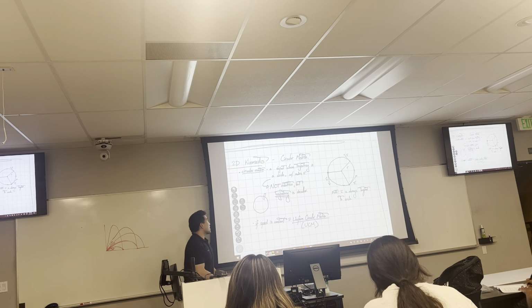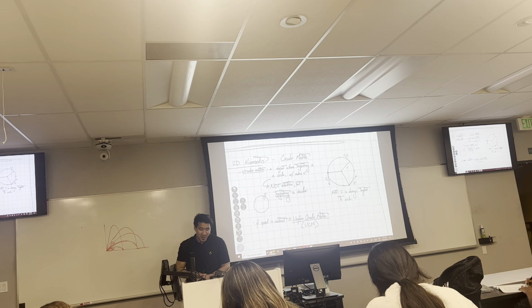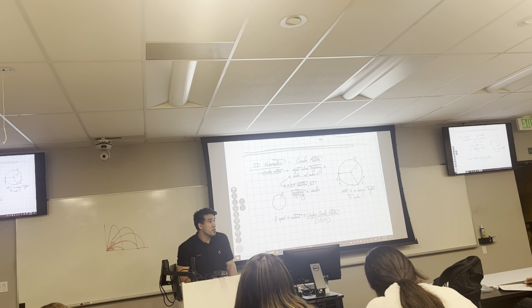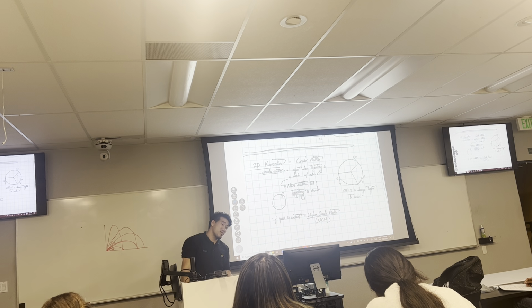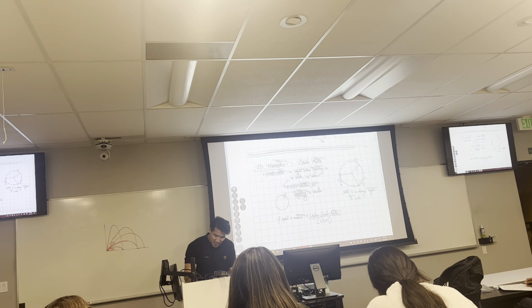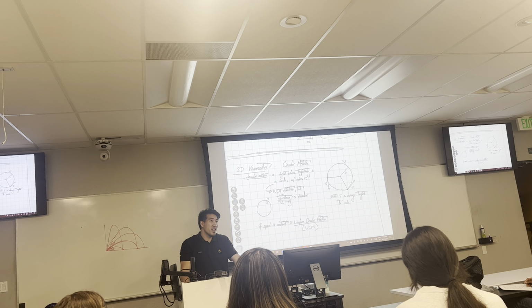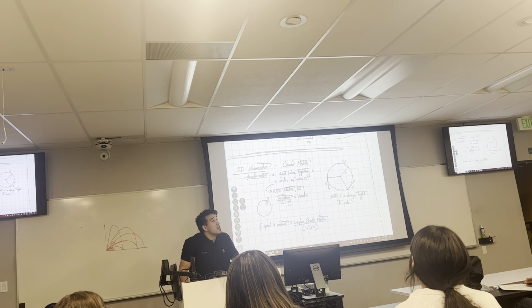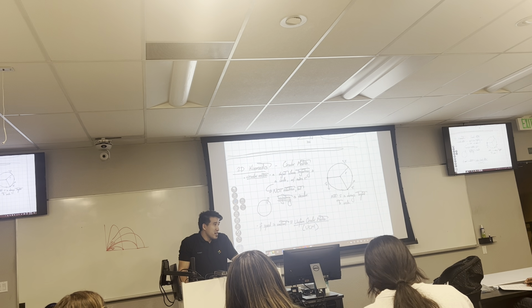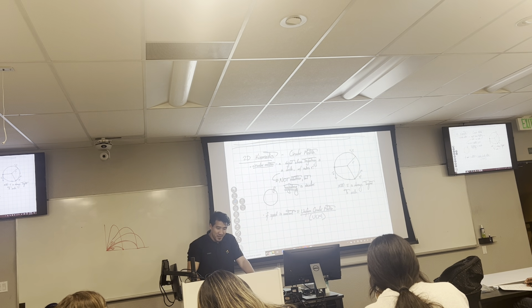Now, I mentioned that circular motion tends to be more difficult than projectile motion. That is true, not because the problem's actually harder, but because we no longer use the X and Y coordinate system. That's the reason why it's harder. Instead of X and Y, we have to begin using different notations.